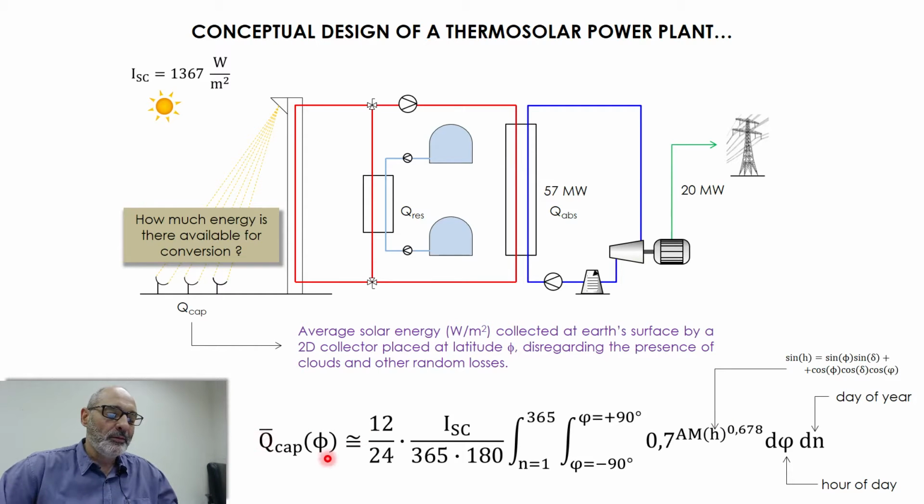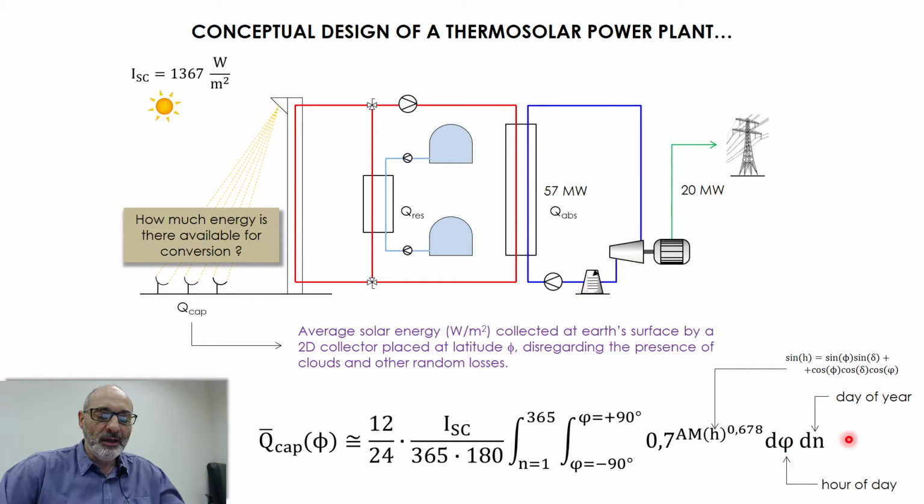Since we want to calculate an average number, which will depend only on latitude, on the place where we're going to build our power plant, and we need an average number because we simply need to calculate the amount of mirrors that I have to have.